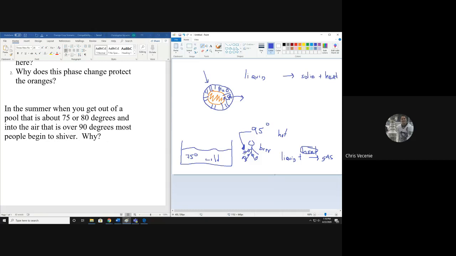You start to shiver to try to create more heat to warm you up. You would get goosebumps at times because it will close your pores to stop heat from leaving, because the body is worried about the temperature drop. Both of those things occur because of the water evaporating off of your skin. So that's what was going on with the second one.